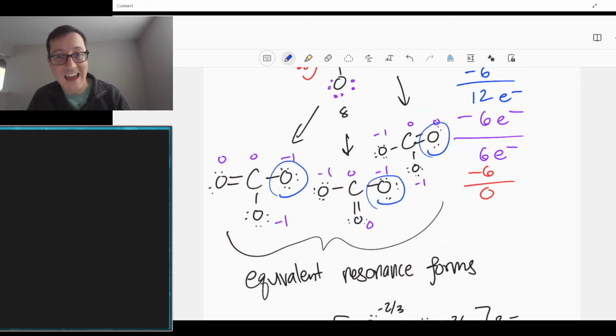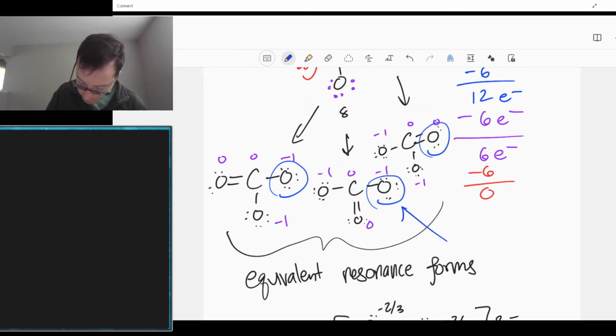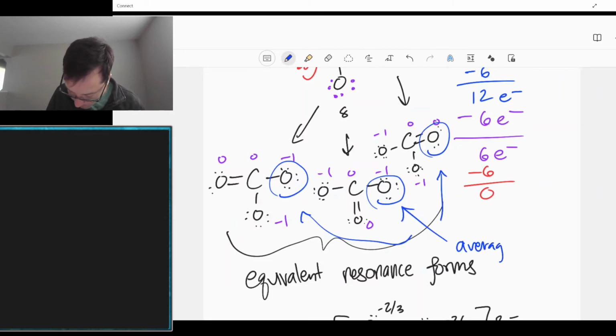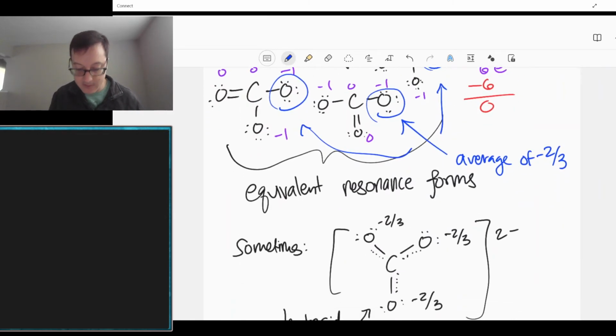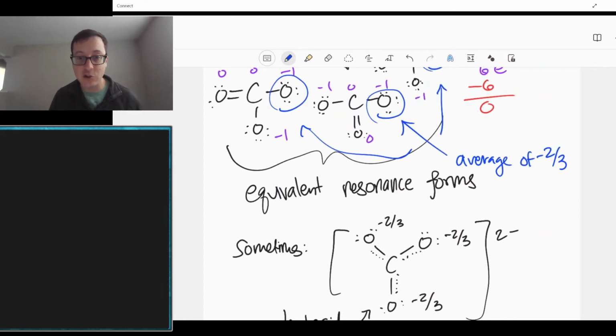And so the average for that would be -1 plus -1 plus 0 divided by 3, which is -2/3. And so that's where these numbers come from. It's the average formal charge for them.